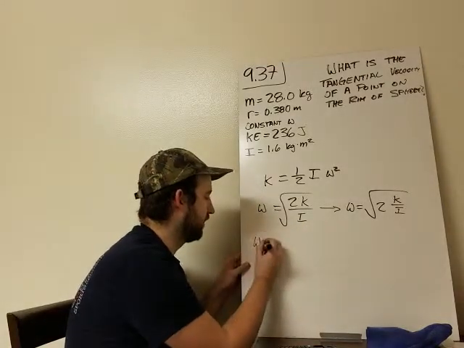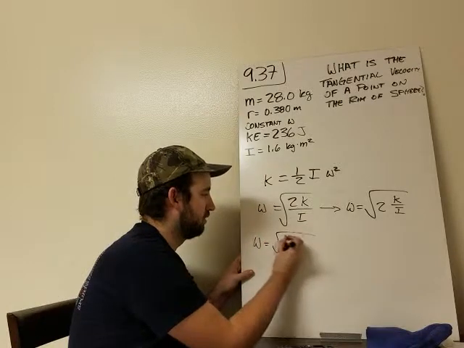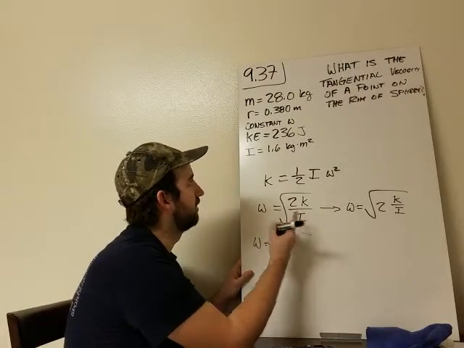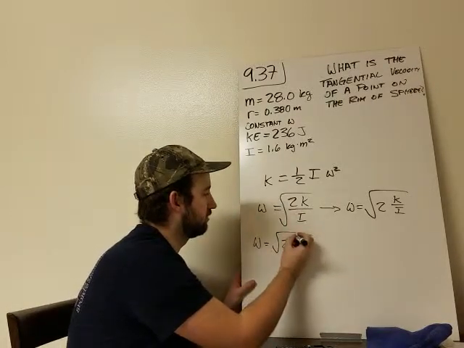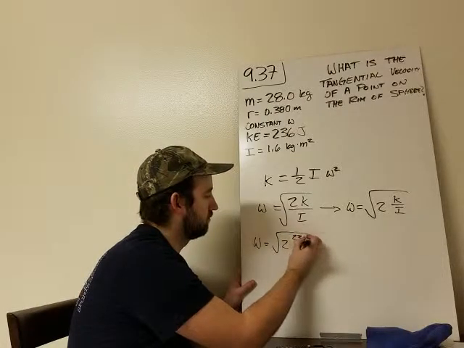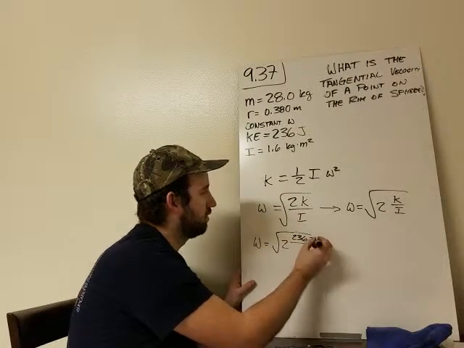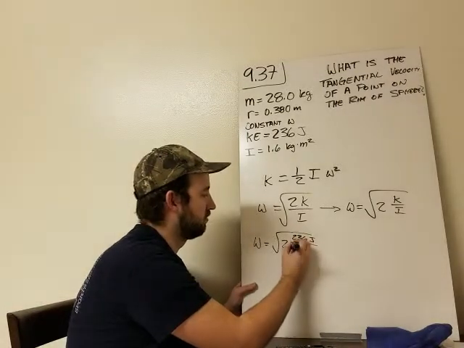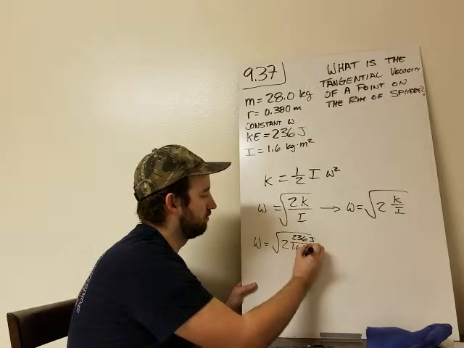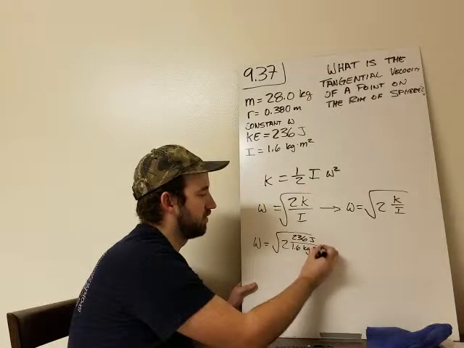So the angular velocity equals the square root of 2 times kinetic energy, which is 236 joules, over the moment of inertia, which is 1.6 kilograms times meters squared.